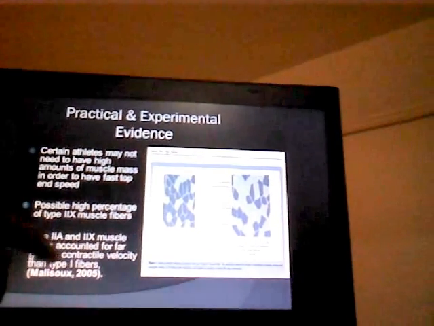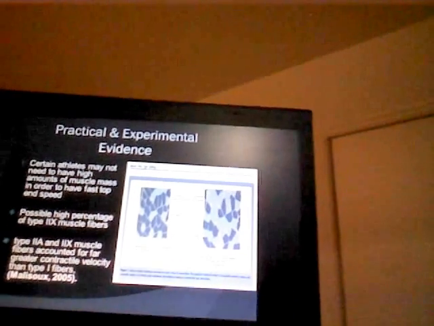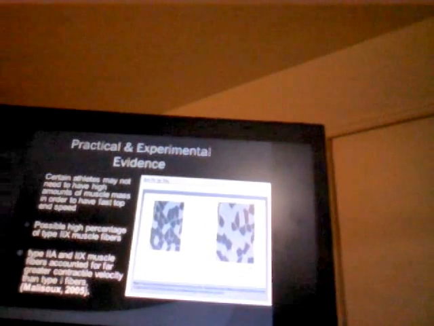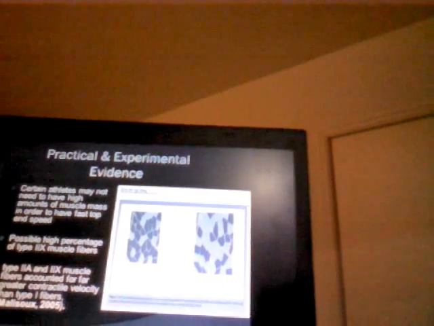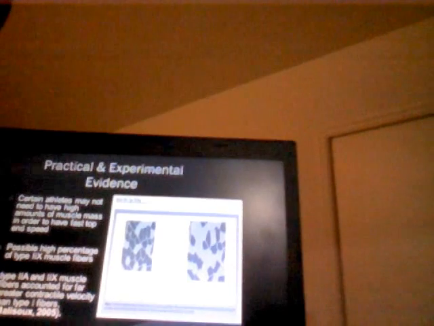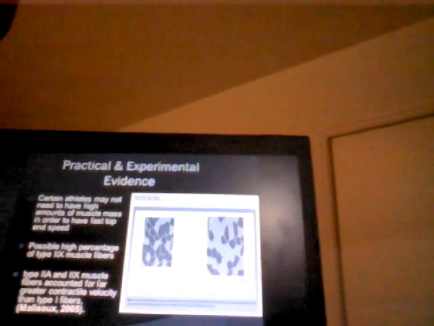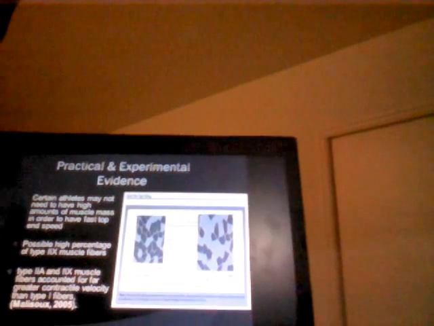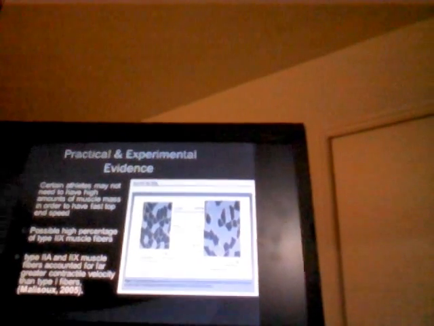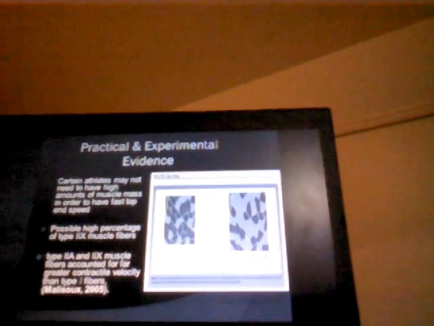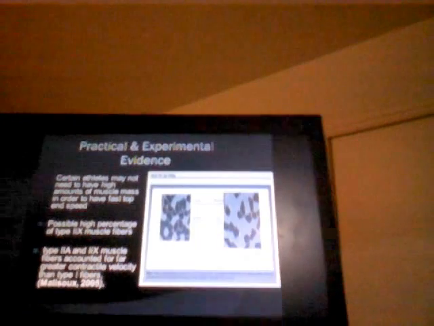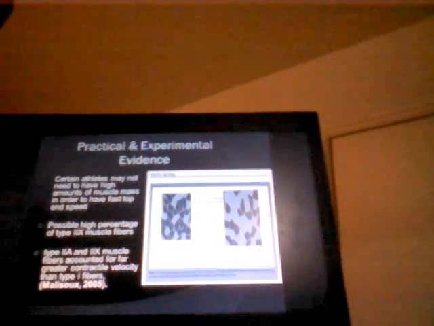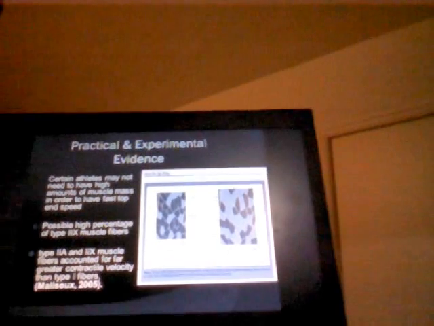So we have your type 1 muscle fibers and your type 2 muscle fibers, and for example, the type 2X muscle fibers in one study showed that they had 4.4 times higher capacity for rate of force development, and type 2A muscle fibers had 3 times the rate of force development capacity of type 1.